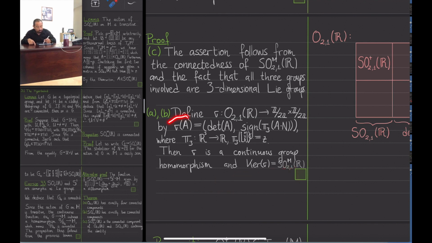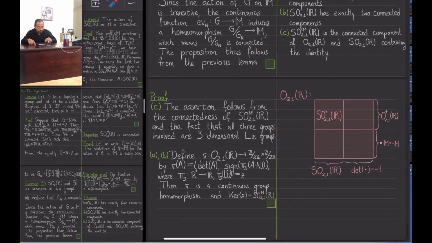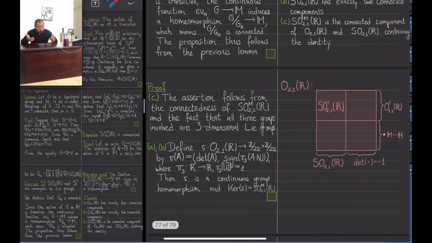So you explicitly see that sigma is continuous. So continuous and surjective. So you have that this modulo the kernel is homeomorphic to this. So you are done.